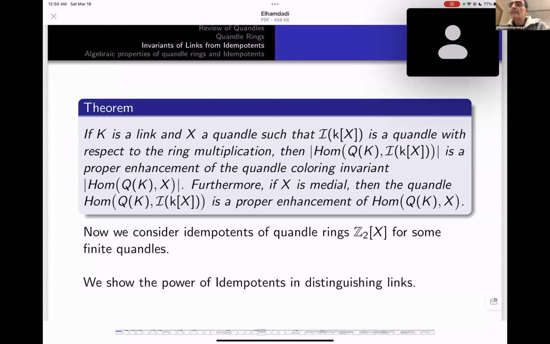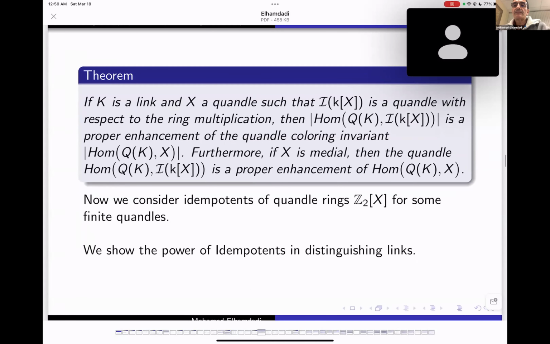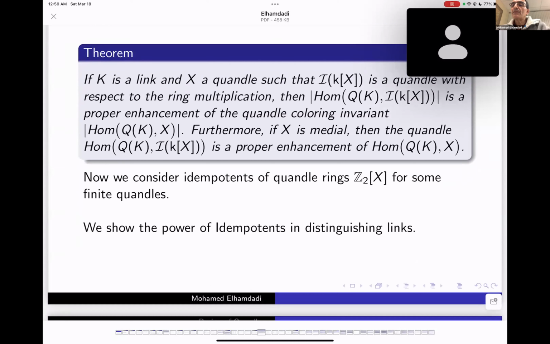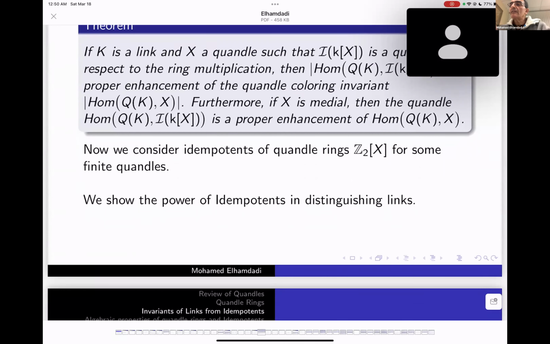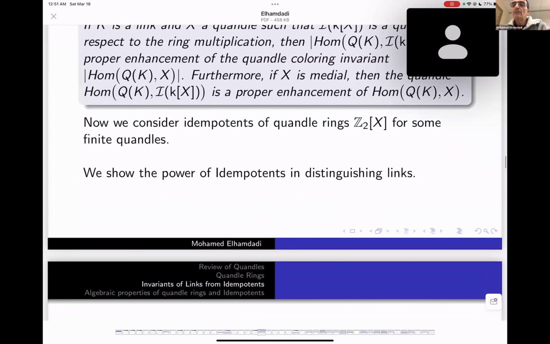If you take the cardinality of hom from Q of K, the fundamental quandle of K, into the idempotents of the quandle ring, which is a quandle now, this gives a proper enhancement of the coloring invariant. Same thing as in the previous theorem: if X is medial, then you can consider the hom from Q of K into the idempotents, a proper enhancement. Let's consider the ring to be just Z2, integers mod 2.